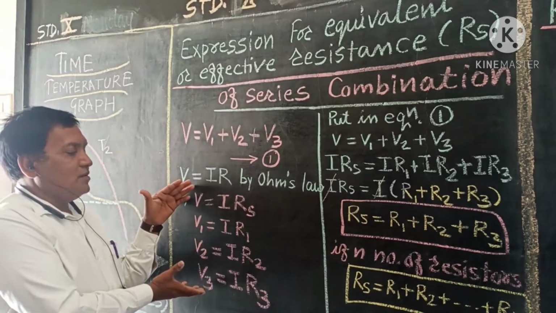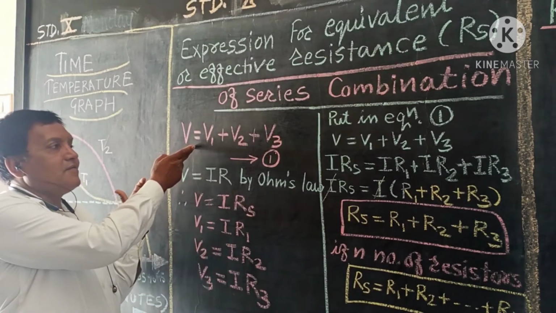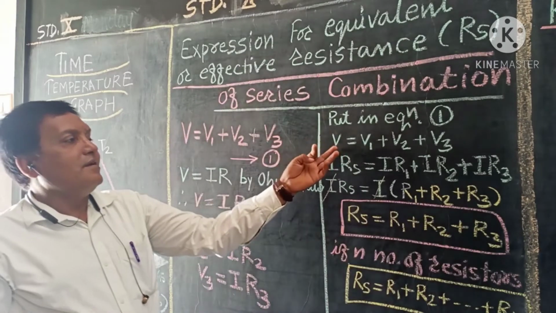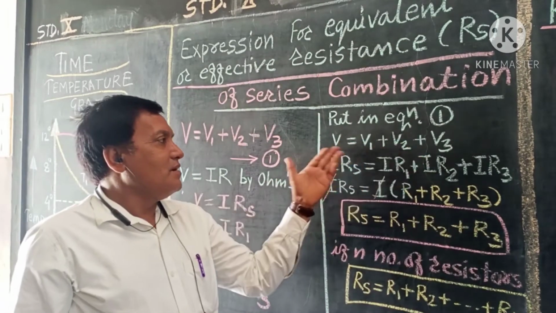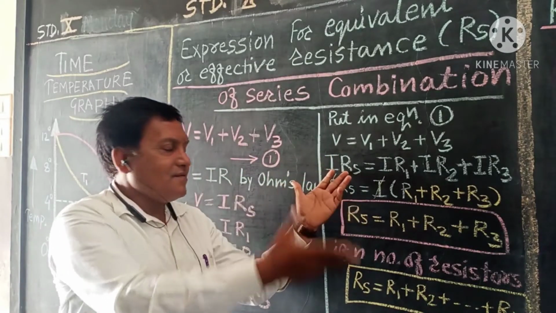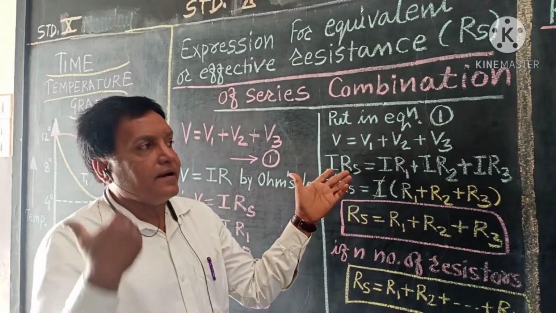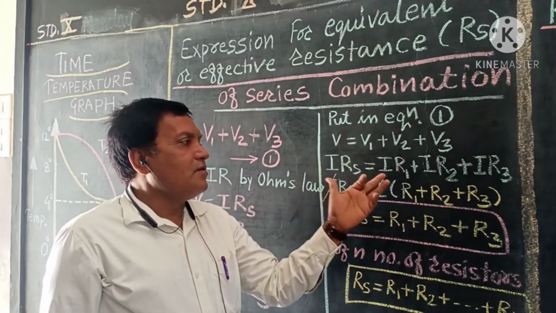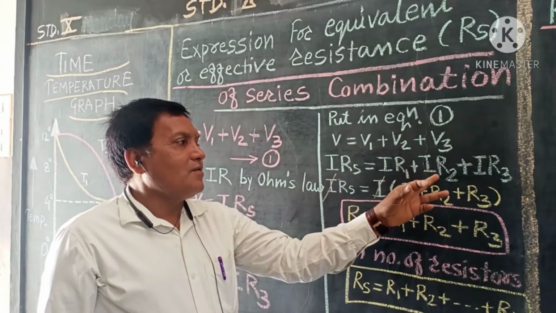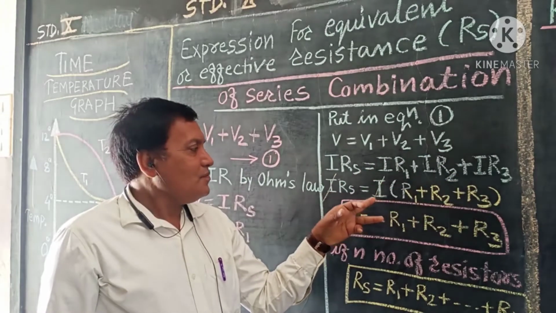If we put V is equal to I RS, and V1, V2 and V3 in equation number 1, V is equal to V1 plus V2 plus V3, that V is equal to I into RS. In this electric circuit, where the three resistors are connected in series, V1 is equal to IR1, V2 is equal to IR2, V3 is equal to IR3, then I will be common.